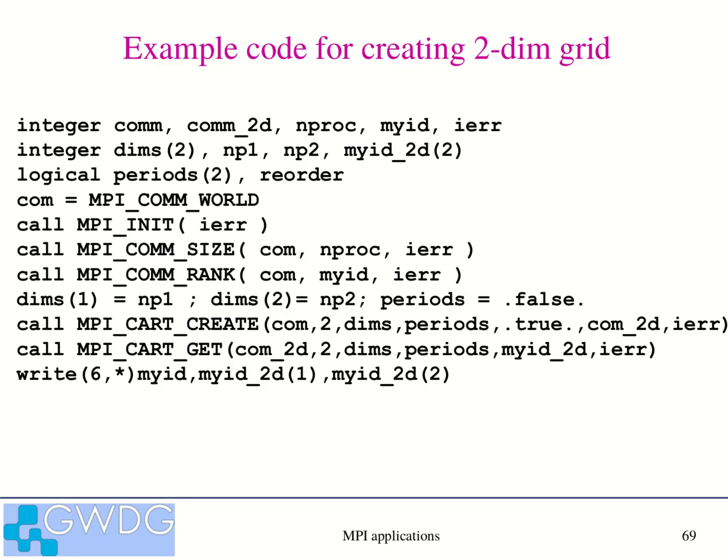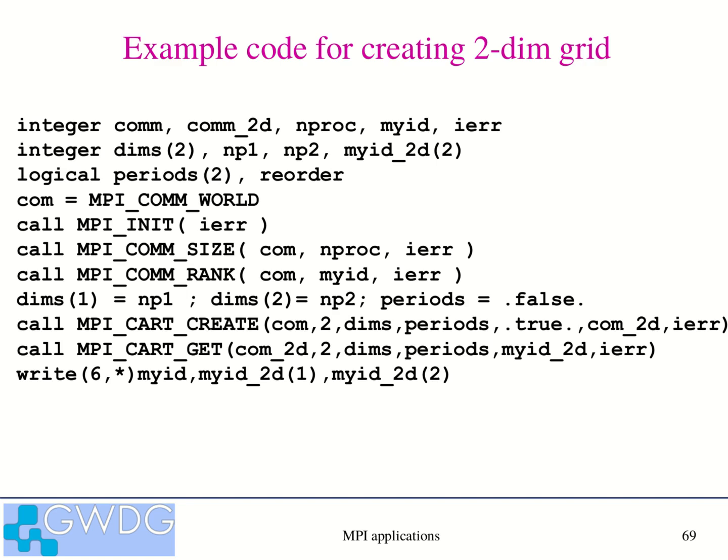So, for example, if you want to create a two-dimensional grid, you have to have this integer array dimension of size 2 and the two-dimensional task ID, and you have to provide the periods logical array of the size of the dimension, which is 2 here.